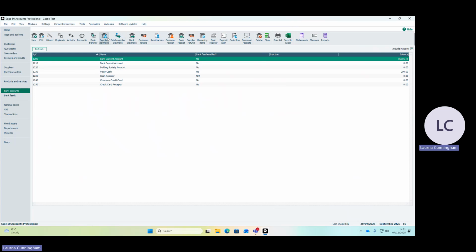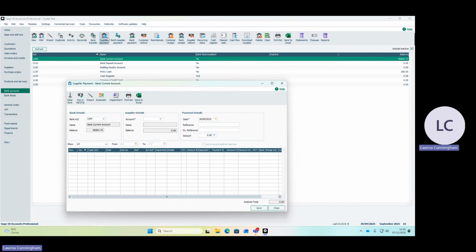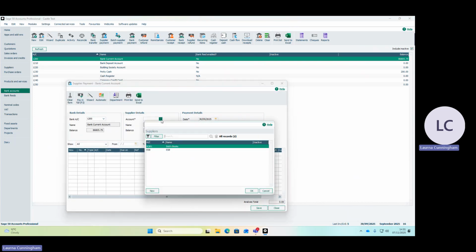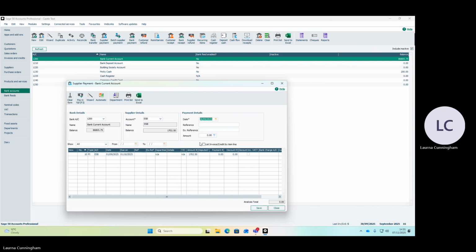Then we also need to deal with any other supplier payments that we made. So go back into supplier payment again, and I'm going to query the ESB, and I'm going to send them a payment on the 30th of the month. We'll send them €1,300. Okay, so just come down, whatever the amount is, pop it on the line into the payment field and save.